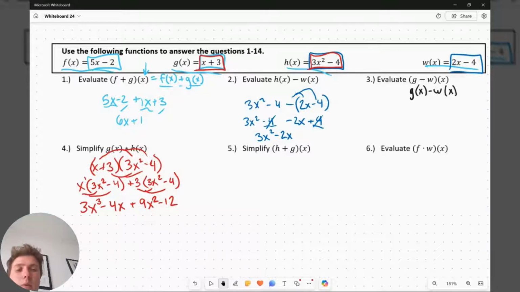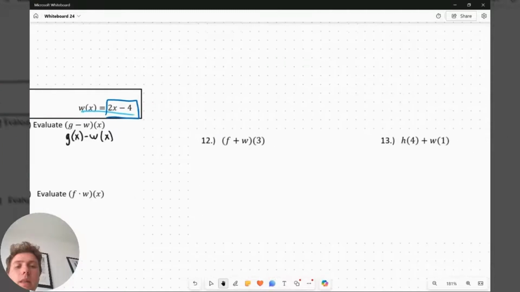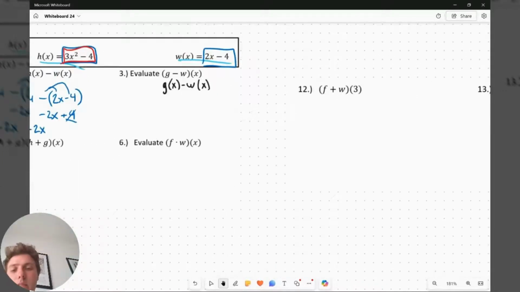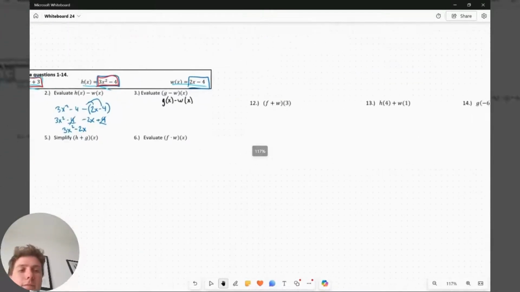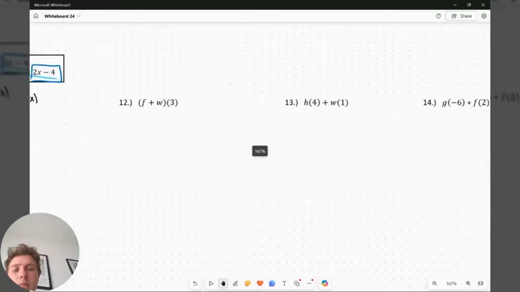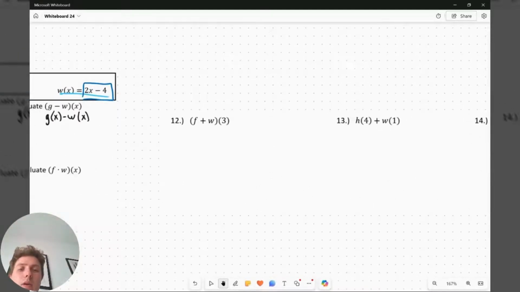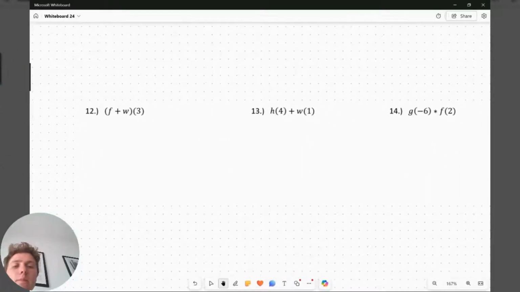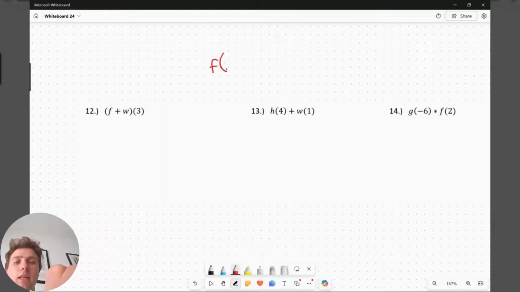Let's look at one more example that might be a little bit different. For example, if I look at these problems over here, we are now being asked to input different values. We know that if we just had something like f of 3, well, that tells you to plug in or input the value of 3 into the f function.